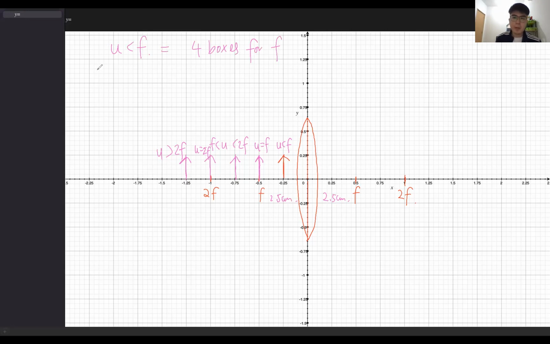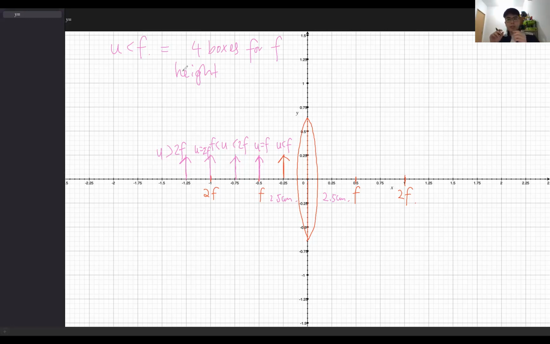And then you might want to shorten the height of the object a bit, like half the size of this. Why? Because sometimes you'll find that you cannot join the light rays. You cannot get this intersection. So if you cannot get the intersection, then you adjust a bit.